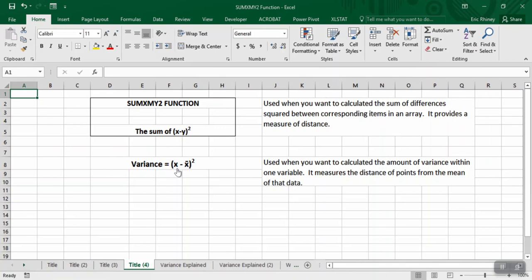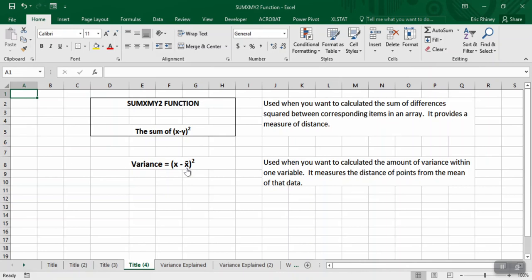So this is your formula: x minus the mean of whatever this x data is, squared, is your variance. This is used to calculate how much data is different from the mean. And if you remember, the mean is the middle point of the data.